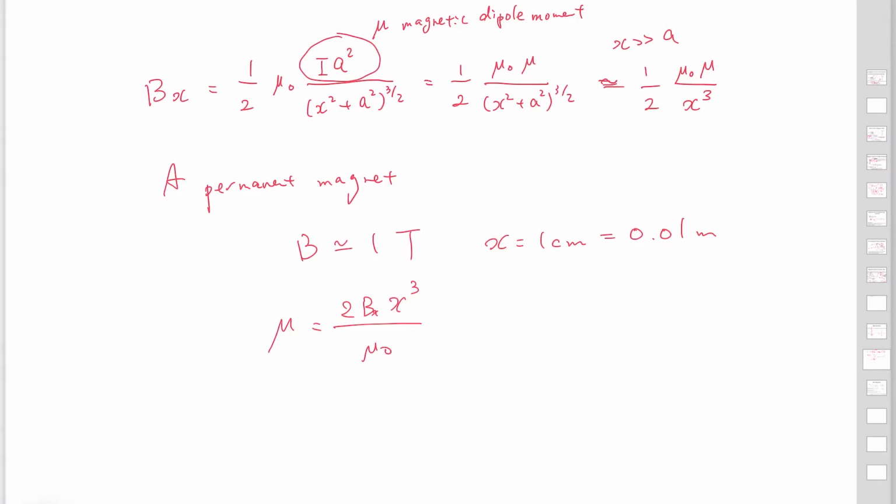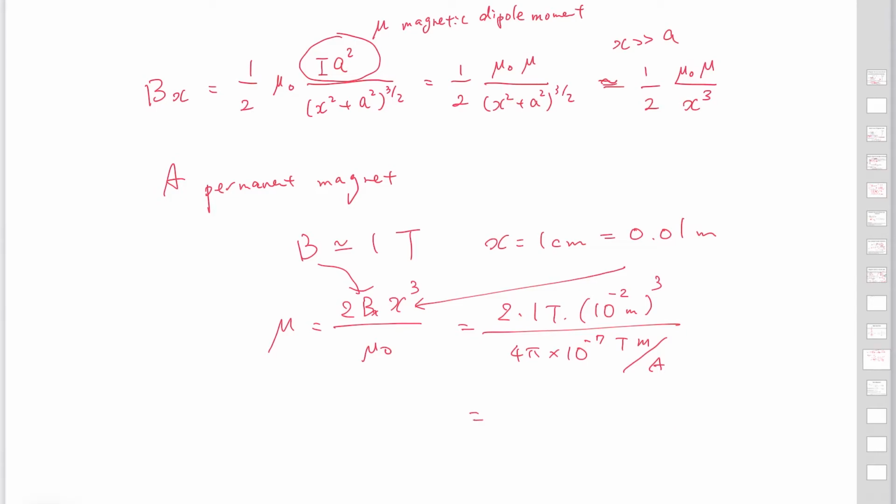Then you can substitute B is 1 Tesla, x is 0.01 meters, and mu sub 0. It becomes 2 times 1 Tesla times 10 to the minus 2 meter cubed over 4 pi times 10 to the minus 7 Tesla meter per ampere. It becomes 1.6 ampere meter squared. So it's about 2 ampere meter squared. This is the magnetic dipole moment of a permanent magnet we could calculate using today's lecture contents.